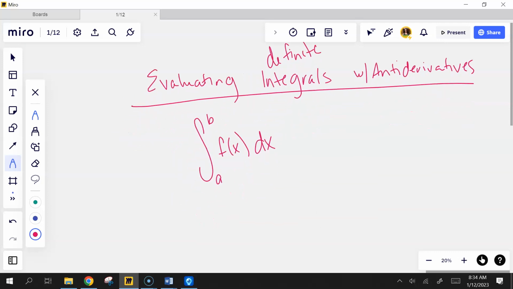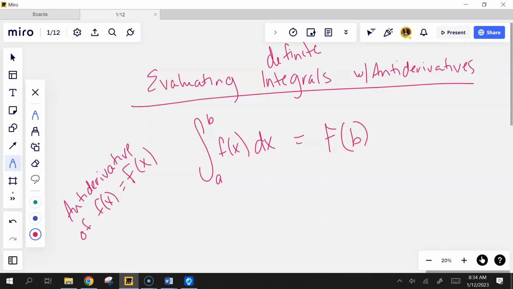So the antiderivative of f of x is capital F of x. Then to evaluate this, I do the antiderivative evaluated at the upper limit, and I subtract the antiderivative evaluated at the lower limit. I don't have to worry about a constant.